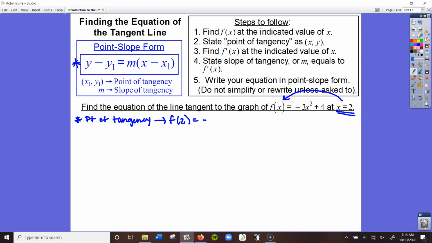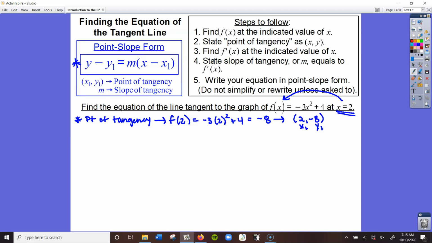So f of 2 is negative 3 times 2 squared plus 4. When we work this out, 2 squared is 4, times negative 3 is negative 12, and negative 12 plus 4 is equal to negative 8. So my point here is (2, negative 8). This is x1 and this is y1. So that part is complete.